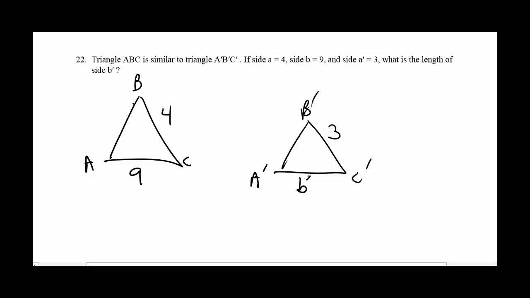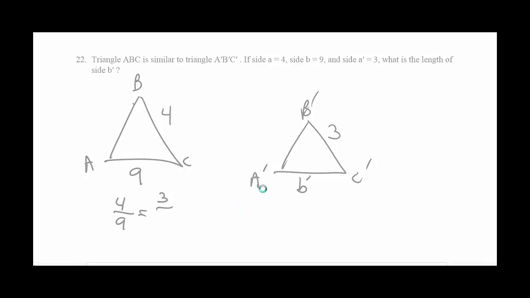All right. So the way similar triangles work is they're the ratios of their sides. So 4 over 9 is the same as 3 over B prime. So then I just want to cross multiply and divide.